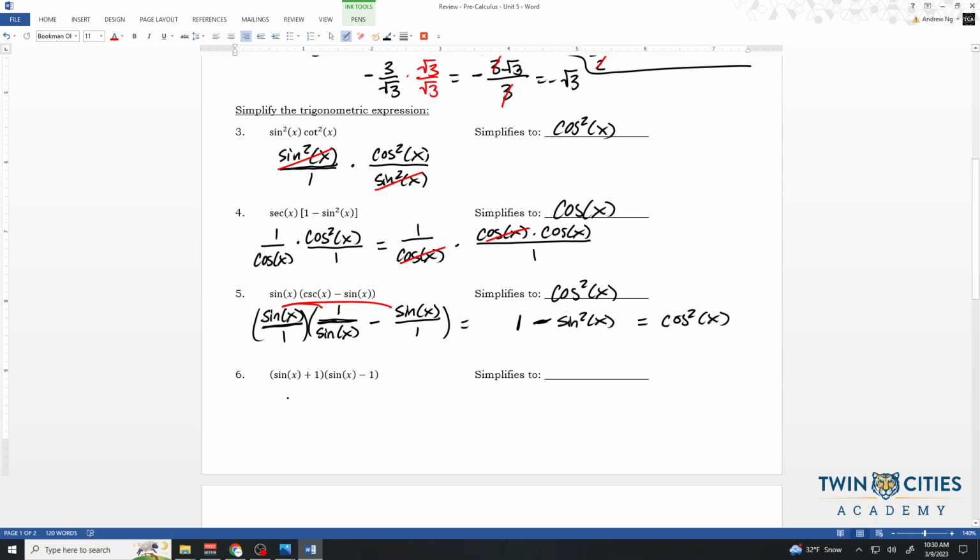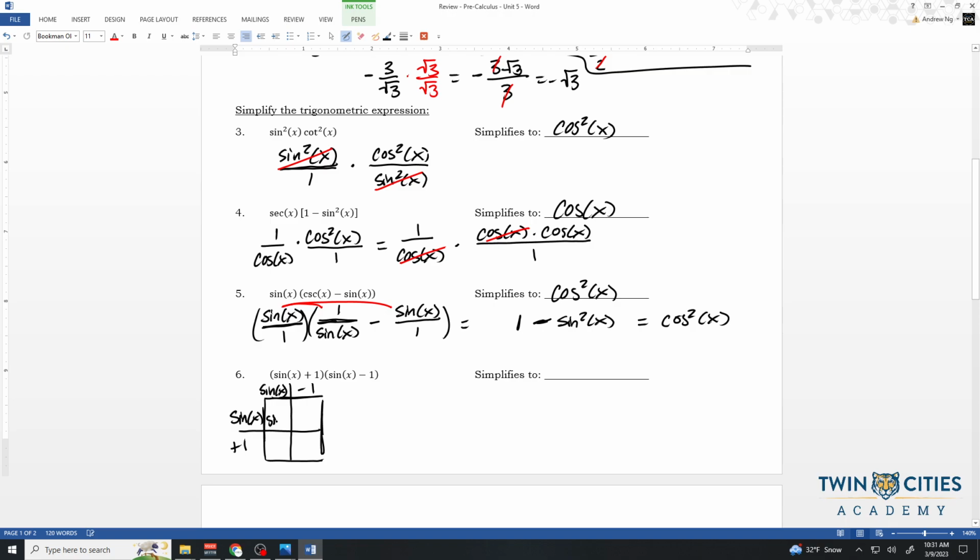Okay, last one on the front page here, number 6. I've got sine of x plus 1 times sine of x minus 1. So let's treat this like anything else here. I would do a box. So sine of x plus 1, sine of x minus 1.